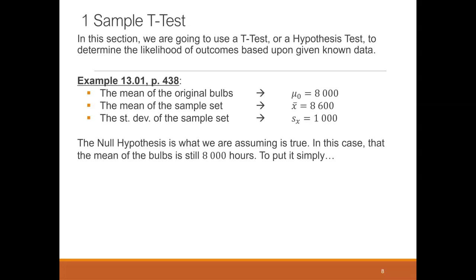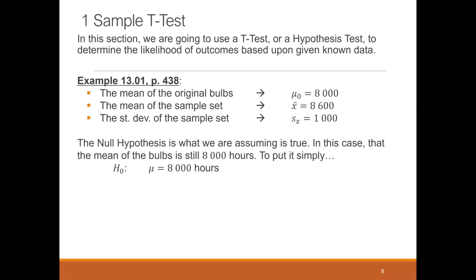So our null hypothesis is going to be that nothing happened, that the two light bulbs are really the same. So we'd say the mean is 8,000 hours. For the alternative, should the mean be bigger or smaller than 8,000? Or just not equal to it at all? Which one should I pick here? Bigger. Why?